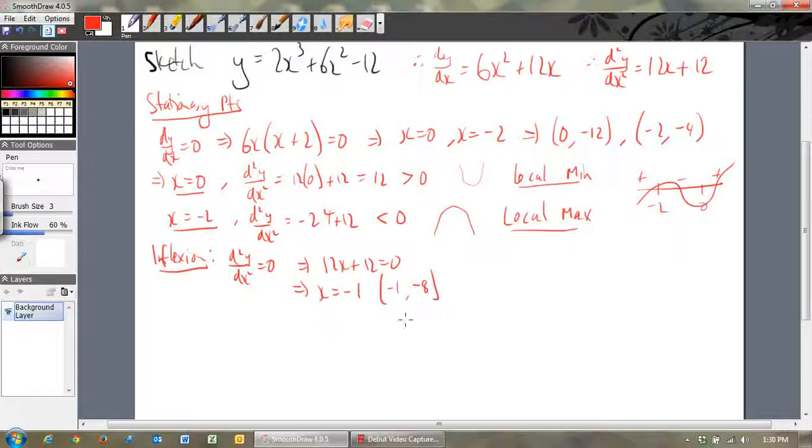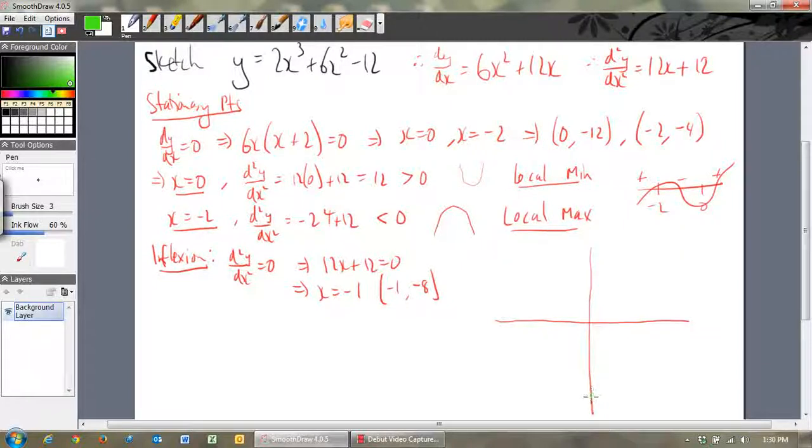And that gives us enough information now to try and sketch this graph. So I'm just going to quickly sketch it here. And let's just have a go. So, just a rough sketch, sorry about the roughness of it. But what we've got is a local minimum at 0, negative 12.